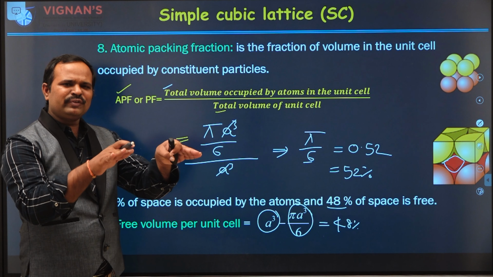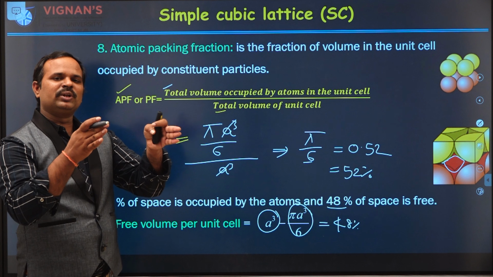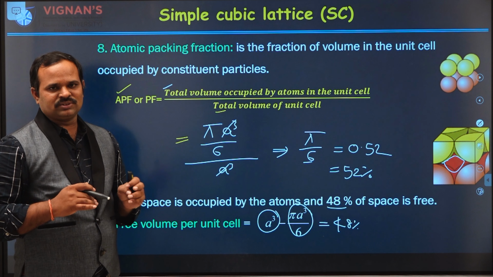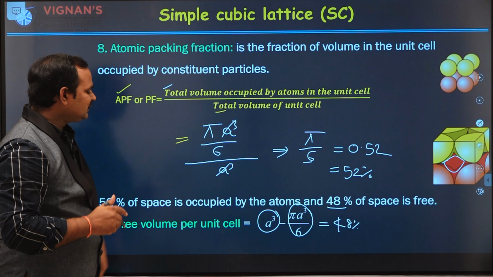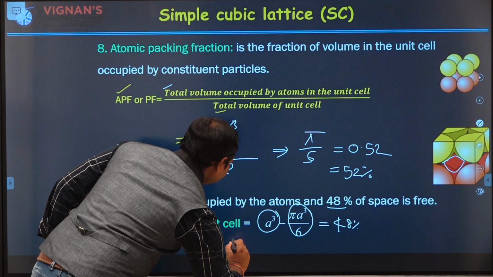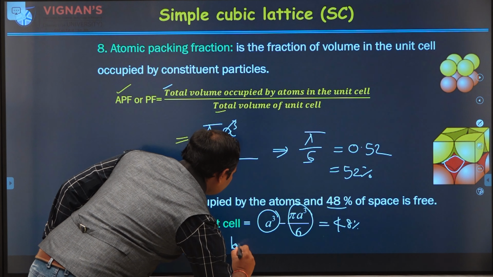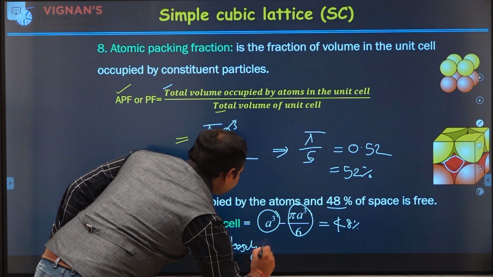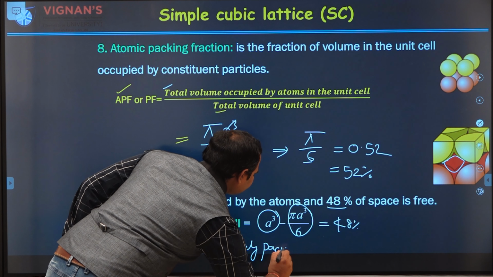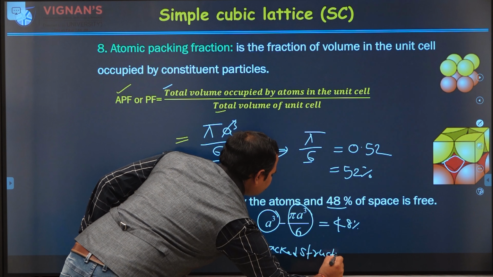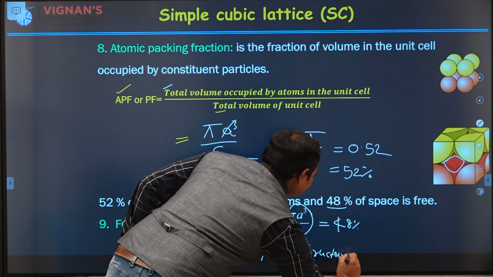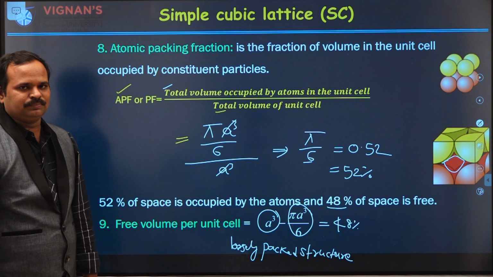So only 52% of the simple cubic is occupied by the atoms. The rest 48% is completely free. So we can say this is a loosely packed structure.